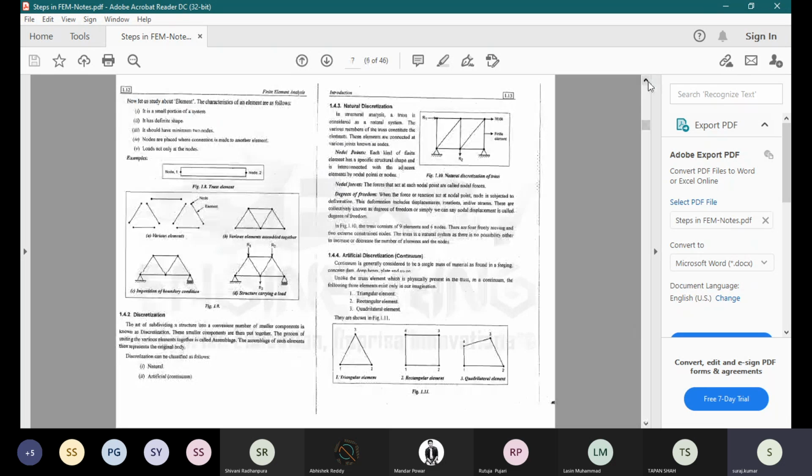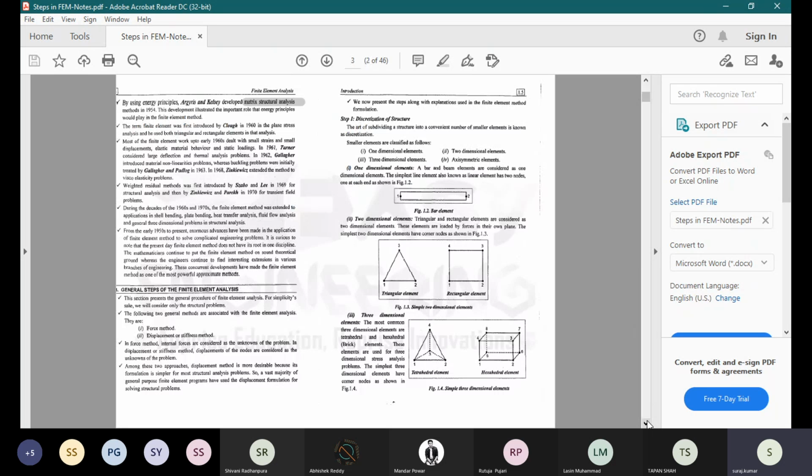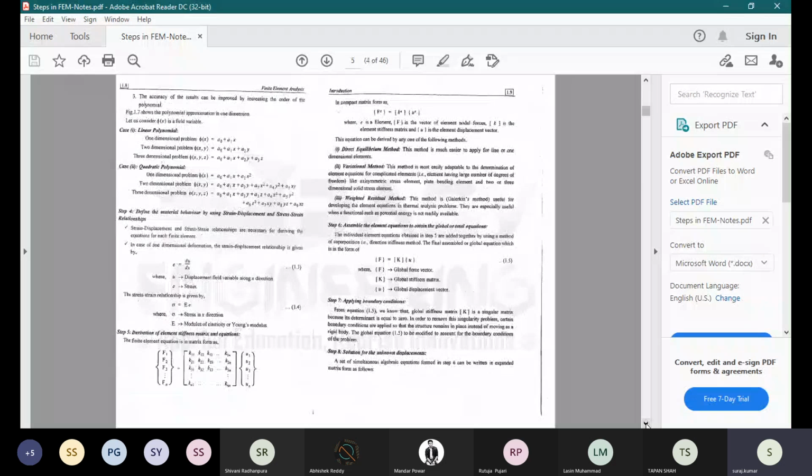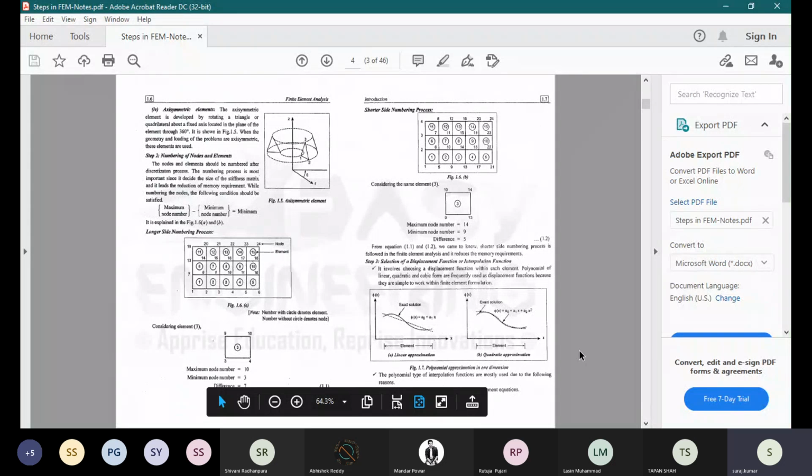Okay. But yes, in this case, please go through each and every point, because here nothing is explanatory, everything is to the point. So it is a precise note basically. It comprises the history in a gist form, then what are the general steps, how to select elements, how to number them, then how to select the displacement functions.